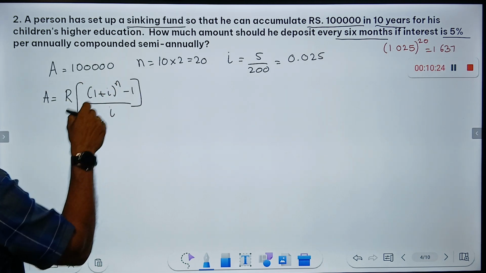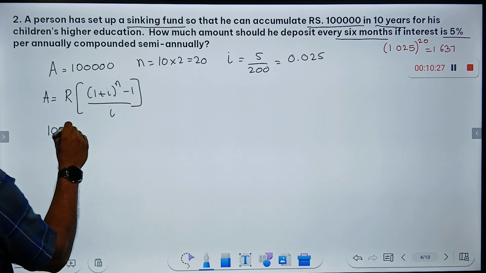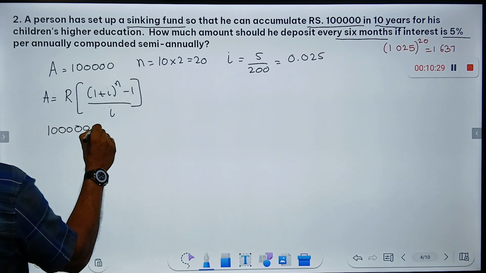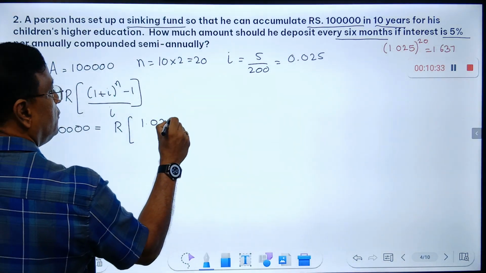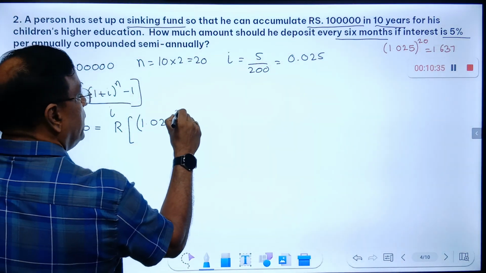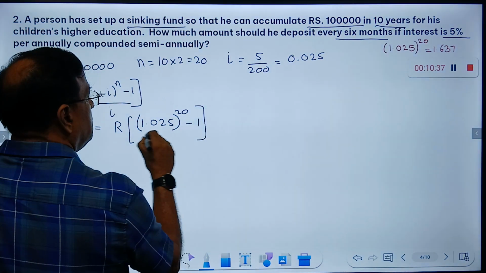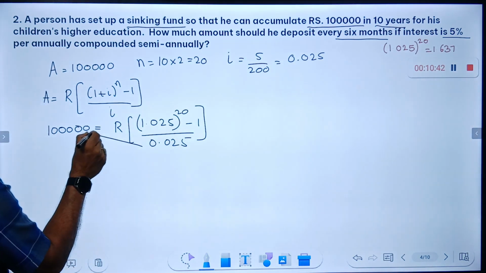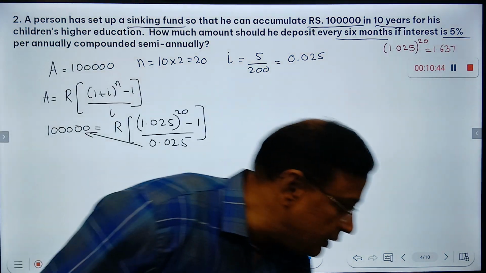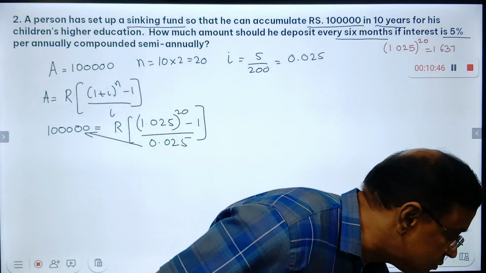Always write the formula. This is 1 lakh equals R into 1.025 whole power 20 minus 1 by 0.025. Cross multiply. When you cross multiply, I have already done the calculation. So what is the calculation?